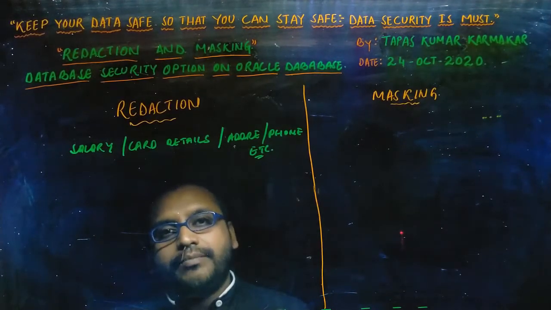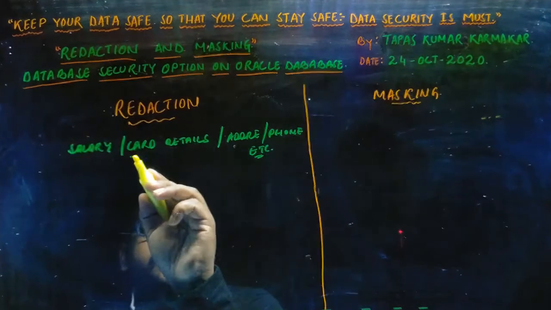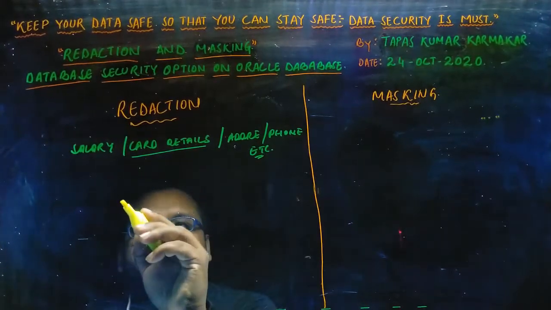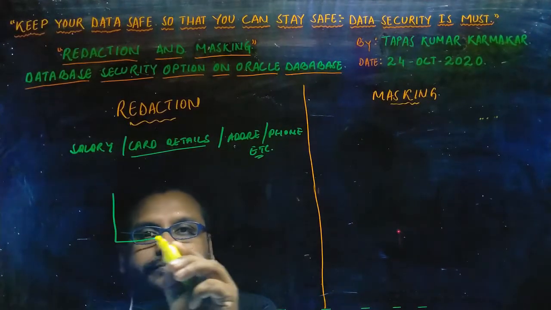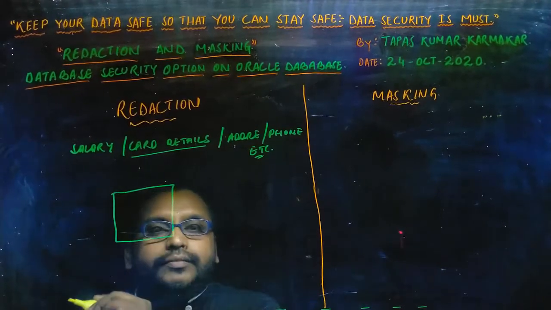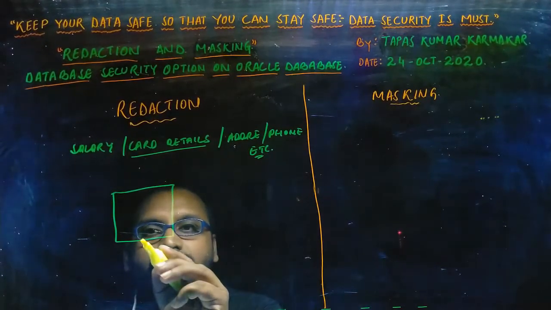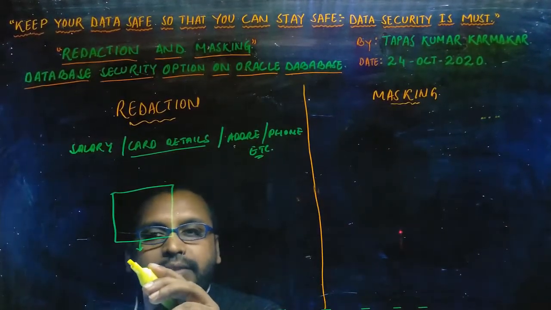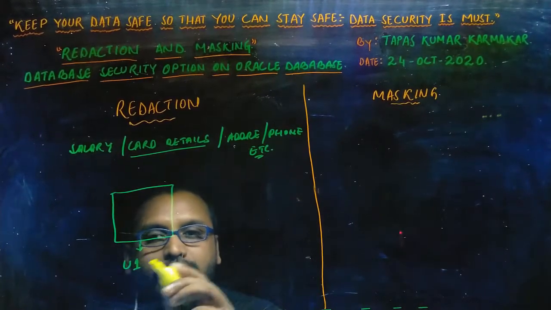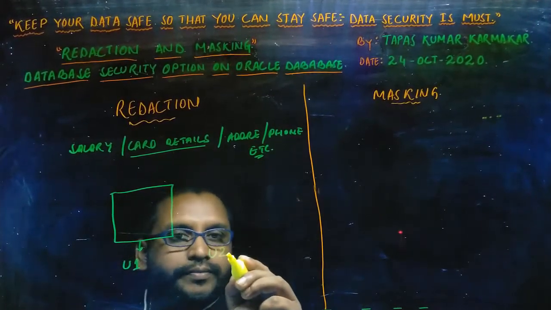I am taking one example. Say suppose card details are present in the database. It should be viewed only by an authorized user. I am taking two users, U1 and U2.